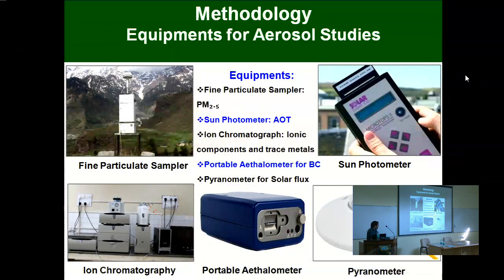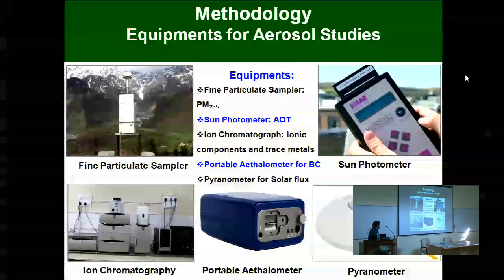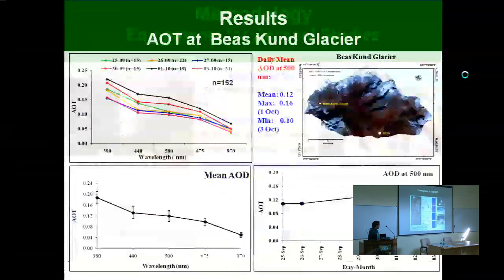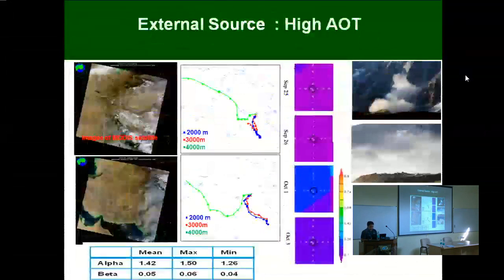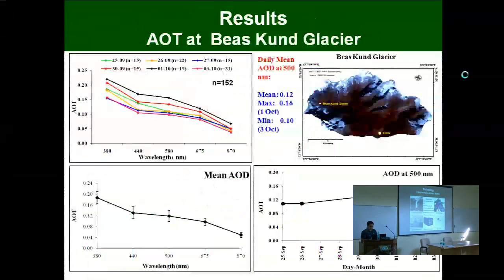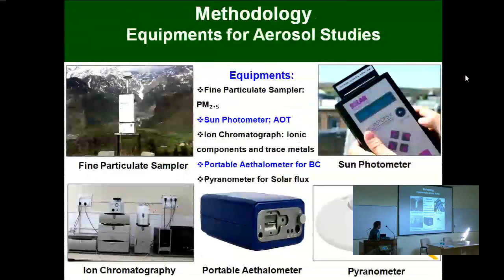But at present, in my presentation, I am able to show only sun photometer data and ionic data with the help of ionic chromatography, because we don't have the other equipment at present. It is in process, so that is why I am showing only data from the sun photometers.